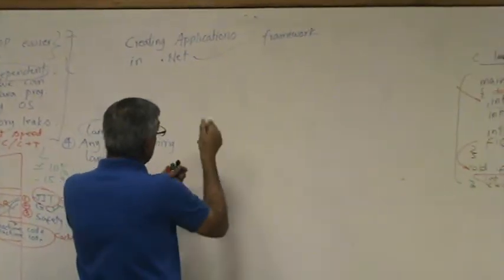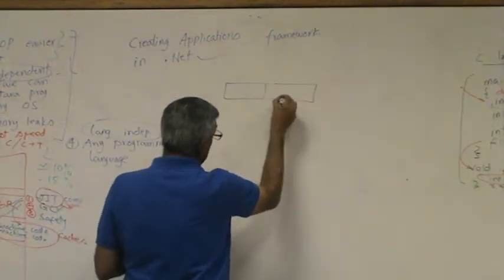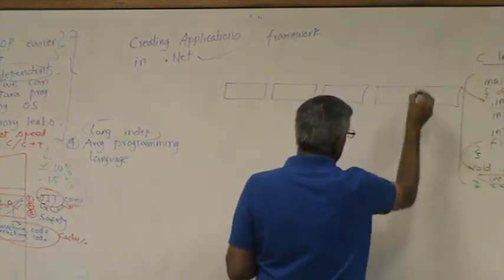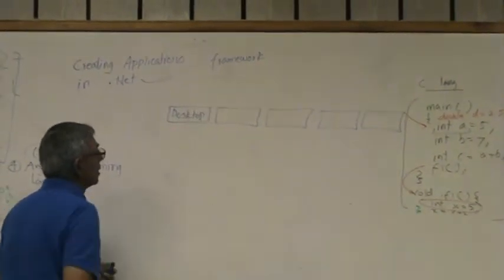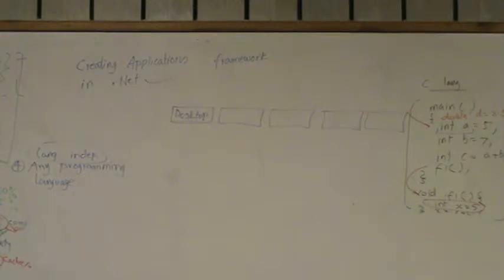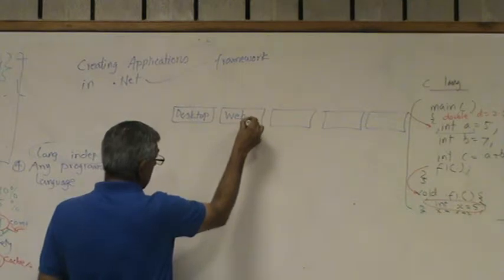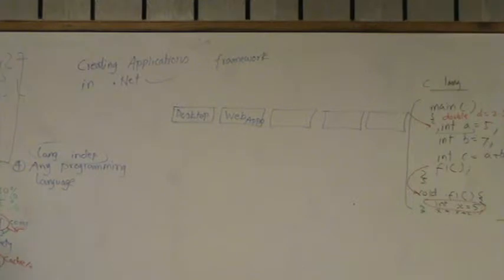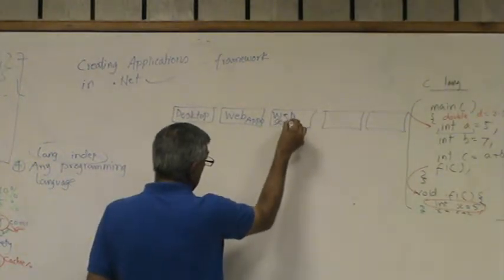As we are creating applications under the .NET framework, these days you'll be creating 5 types of applications. Let me draw what they are. You'll be creating desktop applications, sometimes called Windows applications. They run on your computer, right? You'll be creating web applications, like the websites that you go to and use every day. We also create web services.